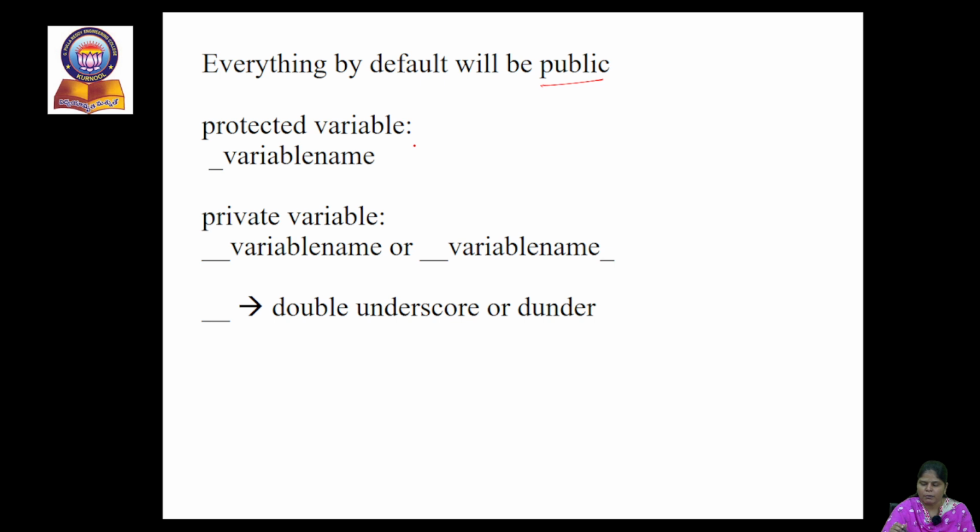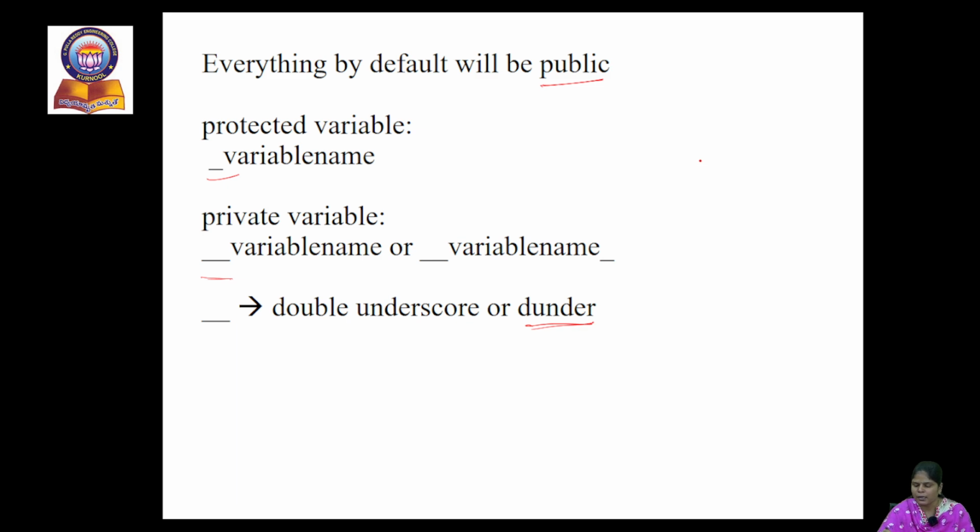By default everything will be public, and if you want to mention any variable, method or function as protected, then you have to use underscore variable name. If you want to mention it as a private variable, two underscores variable name. These two underscores we can even call dunder, double underscore. Dunder means double underscore.